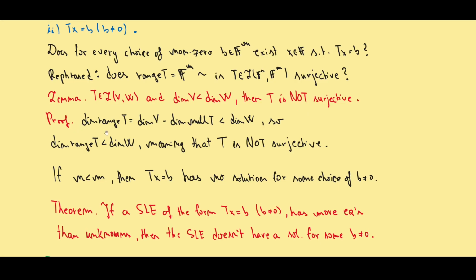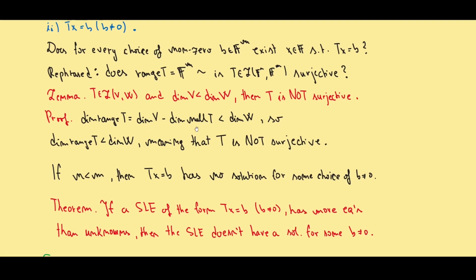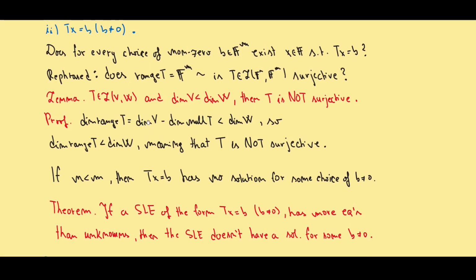So let's prove that. The dimension of range T, again using the rank nullity theorem, we express as equal to the dimension of our starting space minus the dimension of the null space. While the dimension of W is strictly bigger than this, and we're either going to have 0 here or some number.